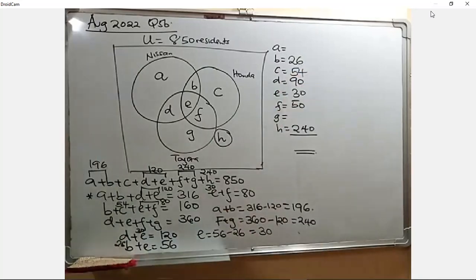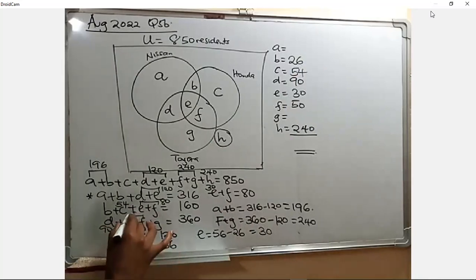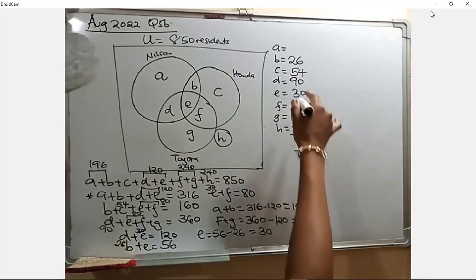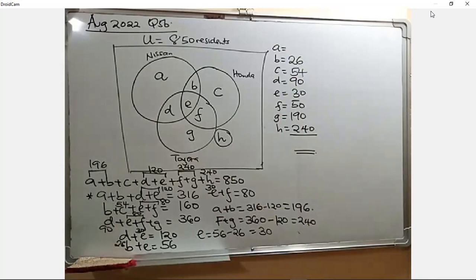What about G? In this case, we know our D is 90 here. E and F, we have 80. Then our G should be equivalent to 360 minus 170. We are getting 190. Then let us look for our A, because we know our value for B is 26.